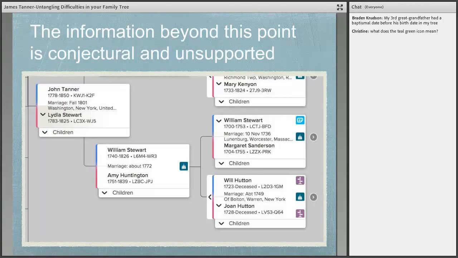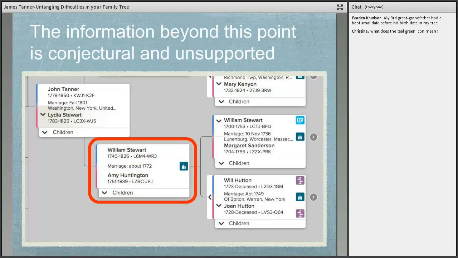A couple of real issues there. First of all, did Will Hutton marry another lady named Joan Hutton? Did she change her name after some event, like when he died or when they got married? It doesn't help us to see that there are no death dates for either of those people, other than deceased.